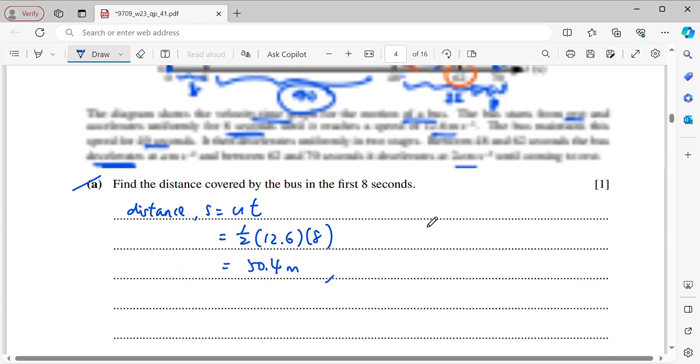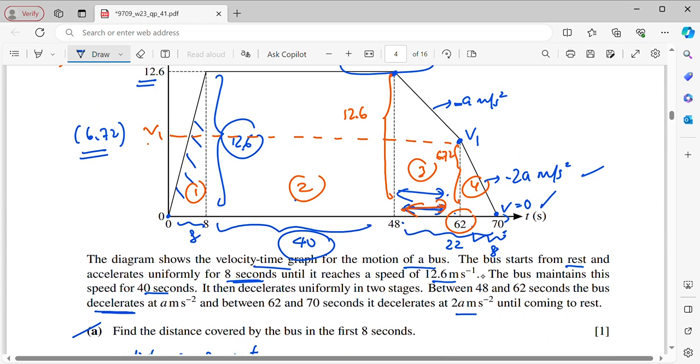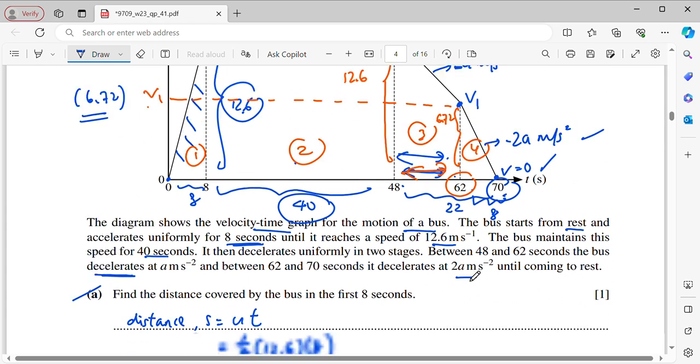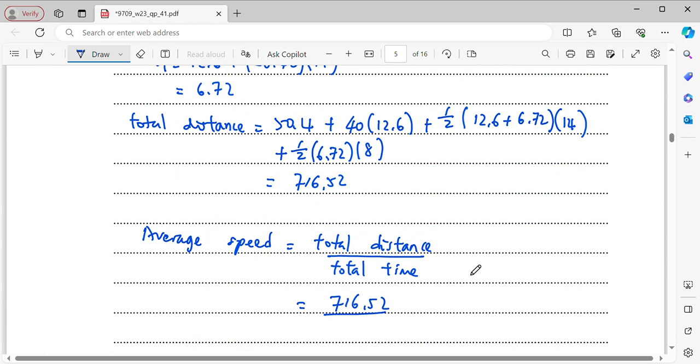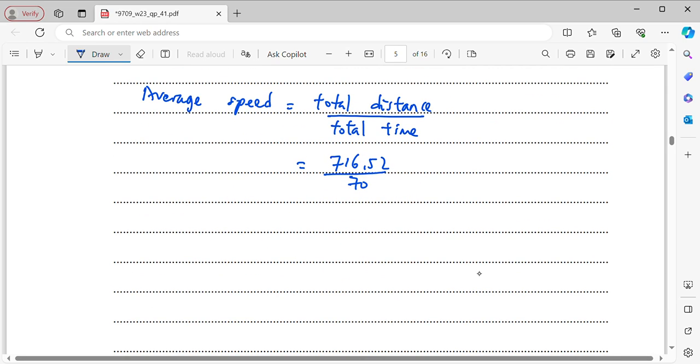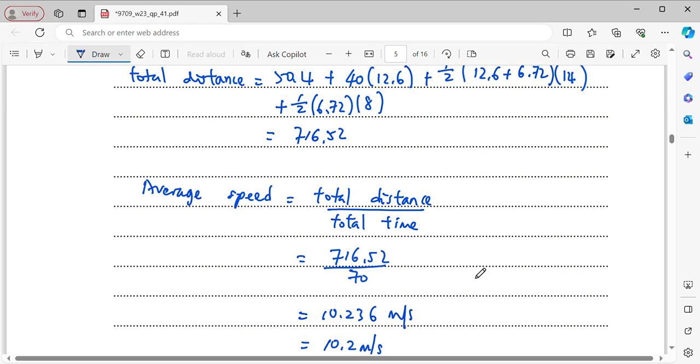The total time based on the graph is 70 seconds. So here, over 70. Then you will get 10.236 meters per second. Now I round the value to 3 significant figures. That will be 10.2 meters per second. So that's the solution of this question.